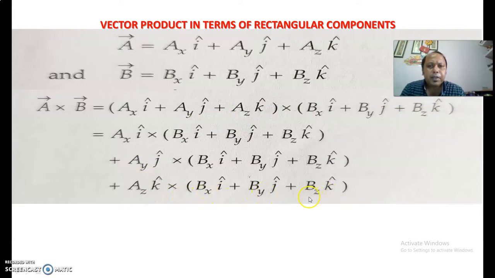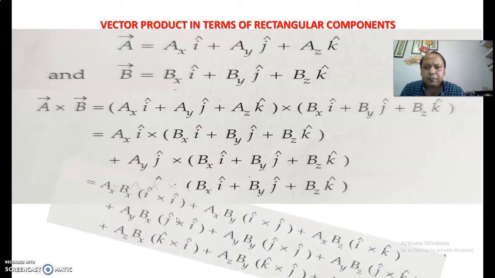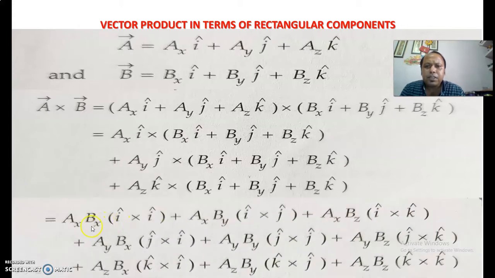Okay. Now again in these terms, the first term will be ax bx i cap cross i cap, because ax bx are the numerical values, so they will be multiplied, but the cross product will be between the unit vectors i cap and i cap. Now you need to understand one thing here.